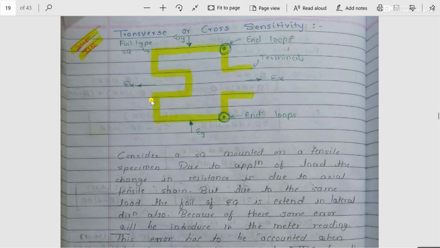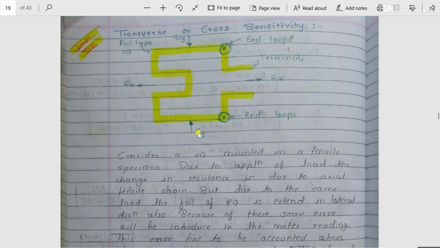Why is it happening? If the force is applied in the x direction, the extension of the foil takes place, therefore the epsilon x arrows are moving outwards. But at the same time, due to the force applied in the x direction, compression of the foil takes place in the y direction, the transverse direction. Therefore, these epsilon y arrows are represented in a compressive manner.